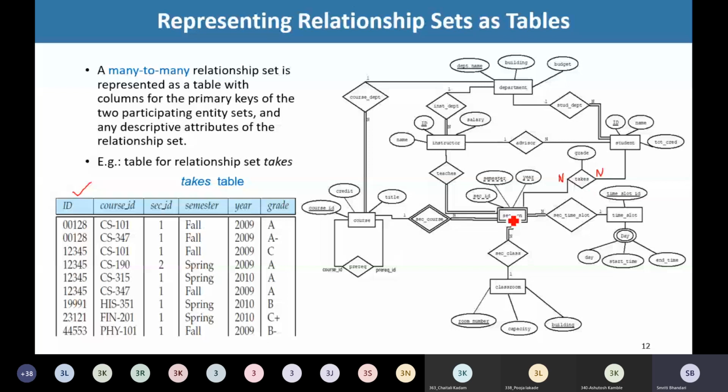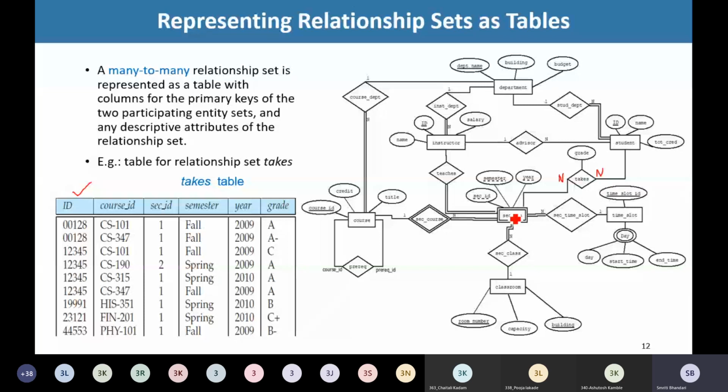The primary key of a weak entity set is its partial key plus the primary key of the corresponding strong entity set. So we need to add the partial key of this weak entity set along with the primary key of the strong entity set in this table.